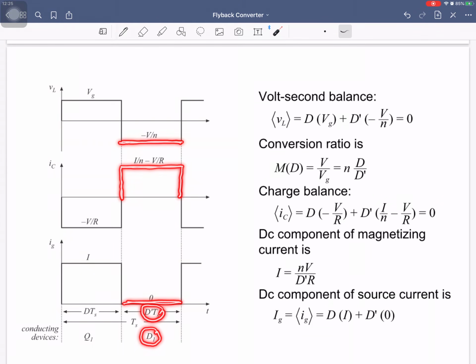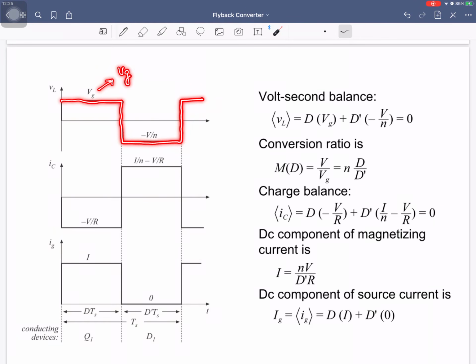So now we can apply the volt second balance. Average voltage across our inductor should be 0. It means this voltage Vg multiplied by the time dT for which it exists, plus the voltage minus V by N into D prime T, should be equal to 0. It means the average area covered by this waveform should be 0, and that you can see over here.